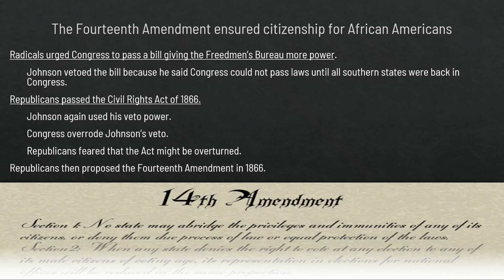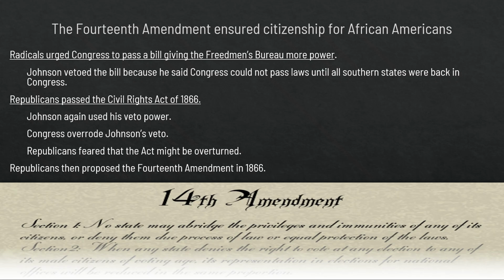Okay, so we've already talked a little bit about this, but you have the 14th Amendment, which ensures citizenship and equal protection under the law for African Americans. And this is, of course, going to be a major step towards civil rights. At the same time, you have the radical Republicans in Congress. They're going to push to expand the powers of what's called the Freedmen's Bureau.